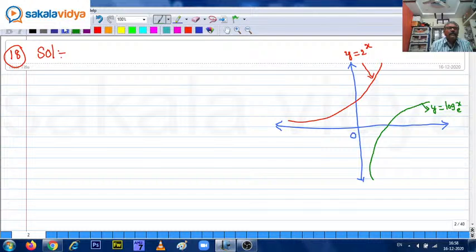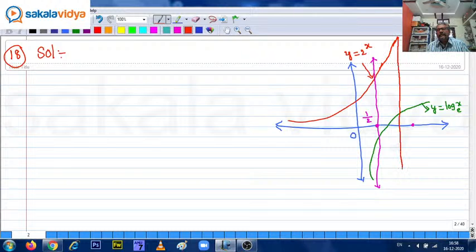Next, this is x is equal to half, a line parallel to the y-axis. Next, take 2 like this, and extend this graph. This is 2. So this area we need to find out, this shaded part.